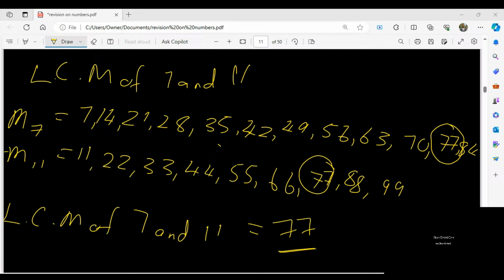Then we also looked at multiples, factors, and prime numbers, how to express a number as a product of its prime factors. Then we looked at how we can use that to solve problems. So let's meet tomorrow in our next revision on powers and roots and indices. All right. Thank you.